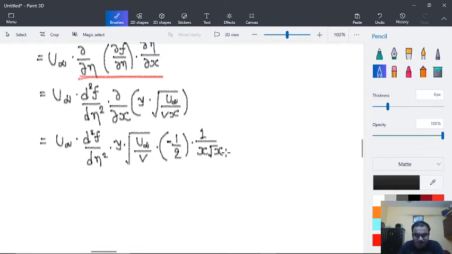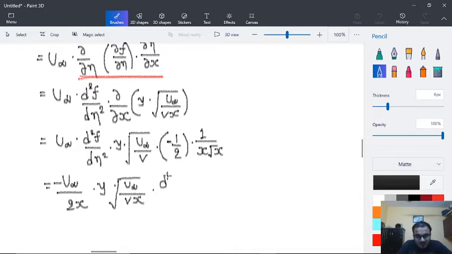So here if we move ahead we will get minus u infinity upon 2x into y into square root of u infinity upon nu into x into, let's take d2f upon d eta square at the last.